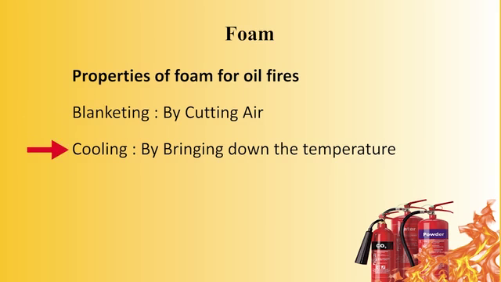You see, in foam, water is there. So automatically when foam smothers and blankets the fire, the function of water is to cool down the temperature, and the function of foam is to cut off air.